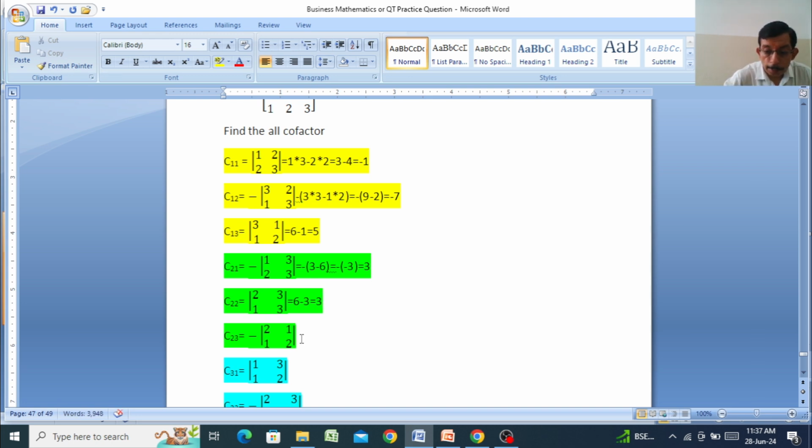Now minus, equal to minus 2 times 4 minus 1, simplify, equal to minus 3.